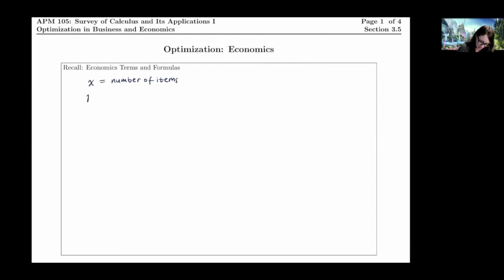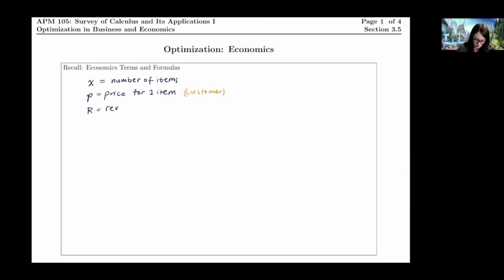Then we have a lowercase p. This is the price for one item. This is what the customer pays for one item. So I'll just write customer. Price and cost sound similar because they're both with money, but price goes with how much the customer pays. Then we have, related to X and little p, something called revenue.